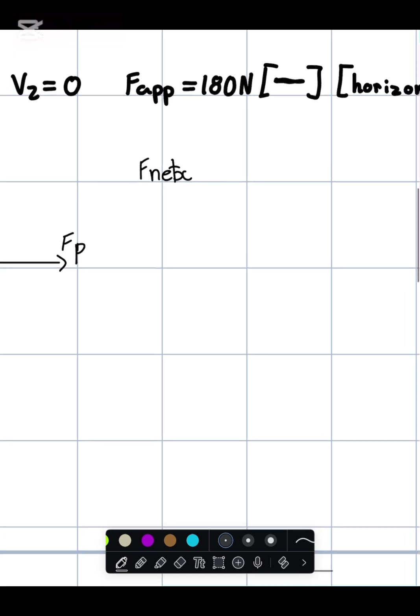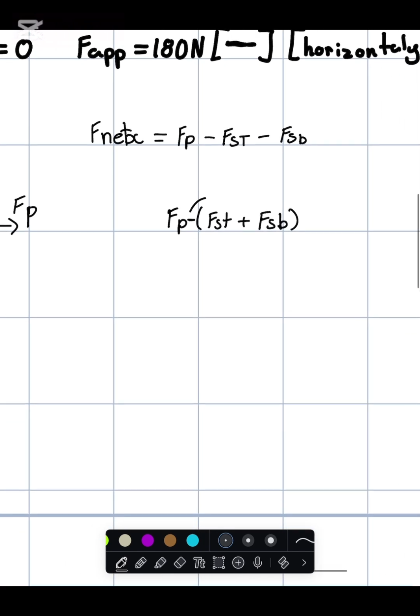So our Fnet is going to be equal to our Fp, which is our greatest force, minus our F of the steering wheel, minus our Fsb. So we have both minuses there, or we can write it as Fp minus bracket Fst plus Fsb. We can write it as that because the negative will factor into this one, and it'll also factor into this one, making both of these negative.